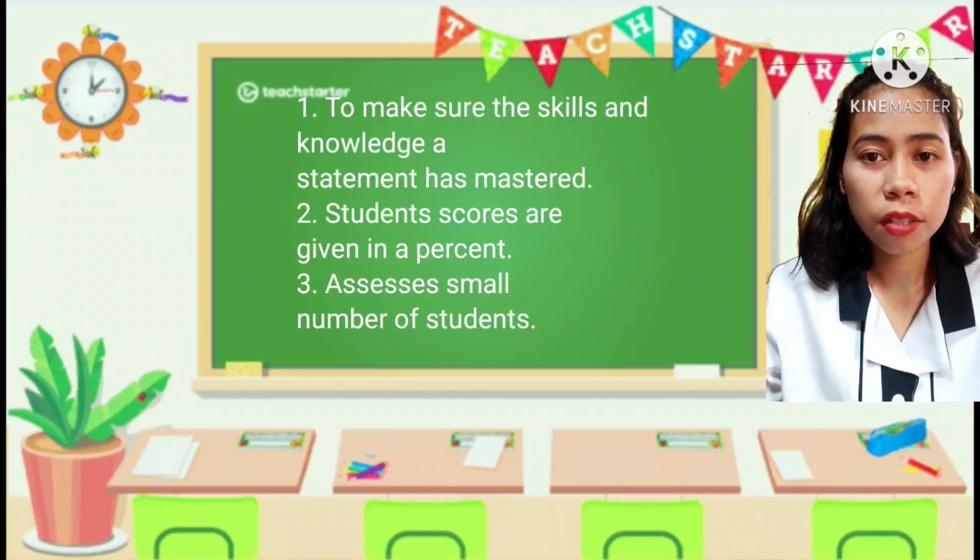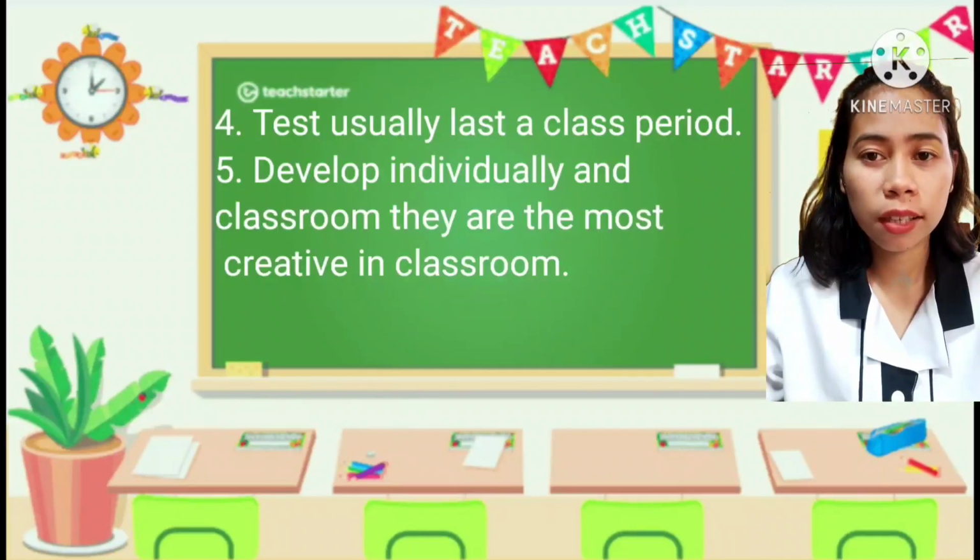Second, student scores are given as a percent. Third, it assesses a small number of students. Fourth, tests usually last a class period. And the last, it is developed individually in the classroom. They are the most creative in the classroom.